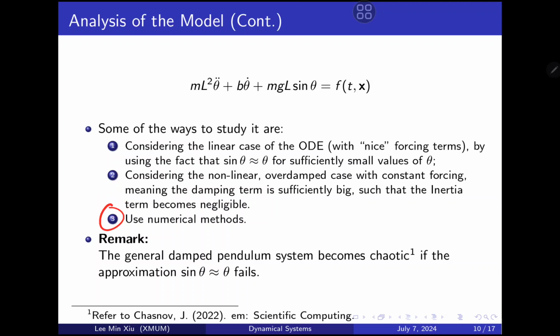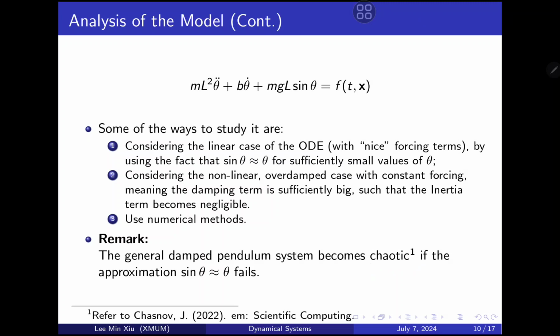And then 3, well, this is what I thought of: when in doubt, I guess just brute force it via numerical methods, right? Then here's a remark: note that the general damped pendulum system can actually become chaotic if our approximation sine theta approximately theta fails.